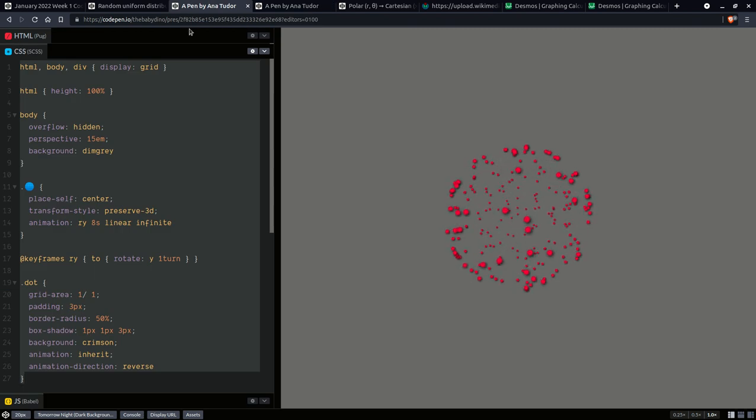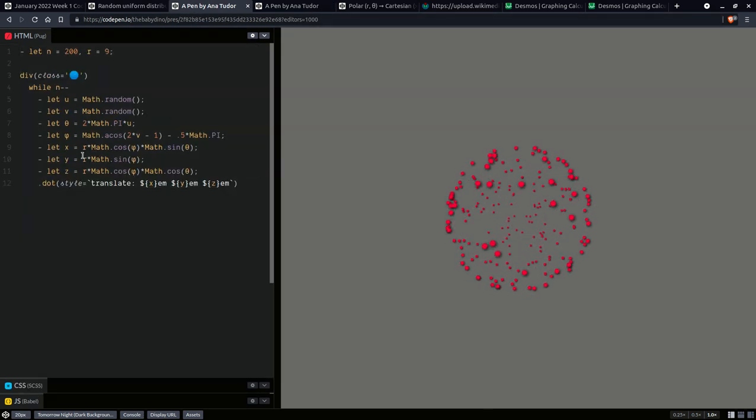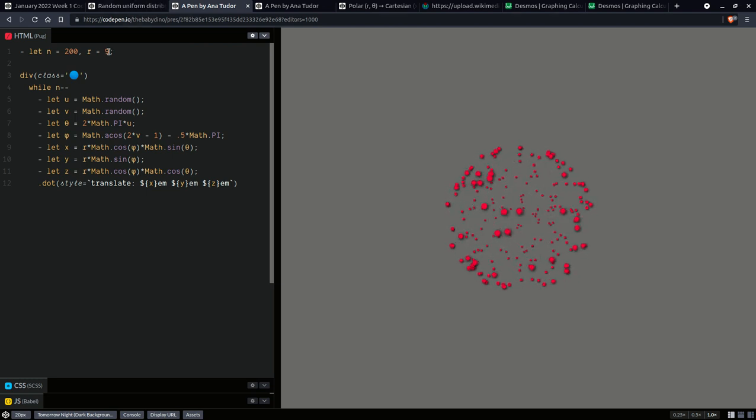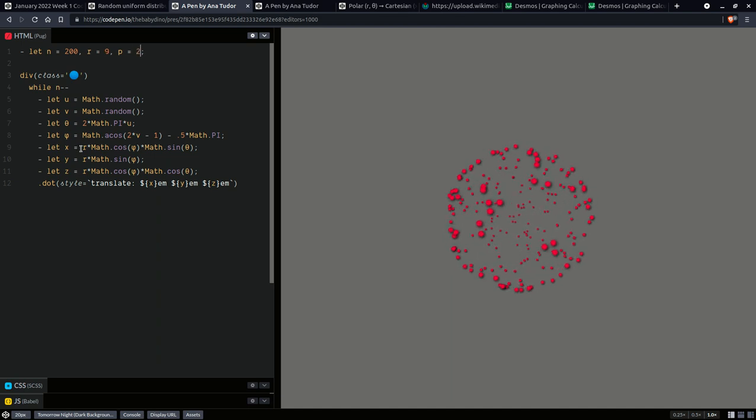Actually, there's one thing I should have done here before copy pasting. So let's say that we're going to have a precision that's going to be 2 decimals, right?